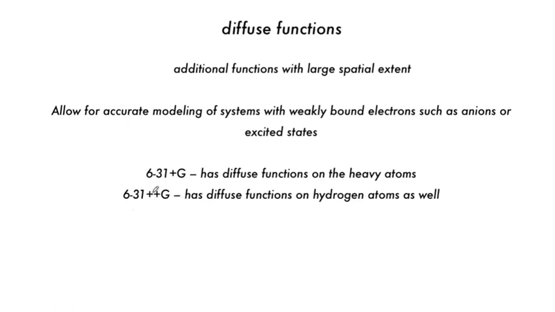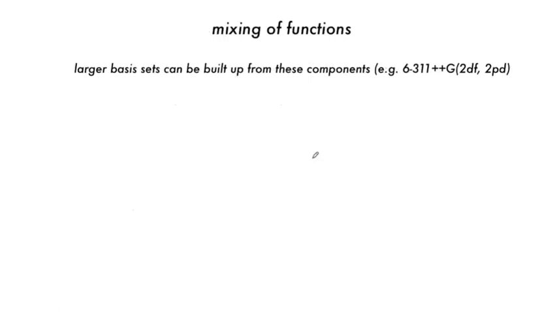So this plus indicates that we're adding extra functions, or wave functions, or mathematical equations basically, that allow us to describe a sort of simulated orbital which can account for these additional sizes of things like anions and excited states.